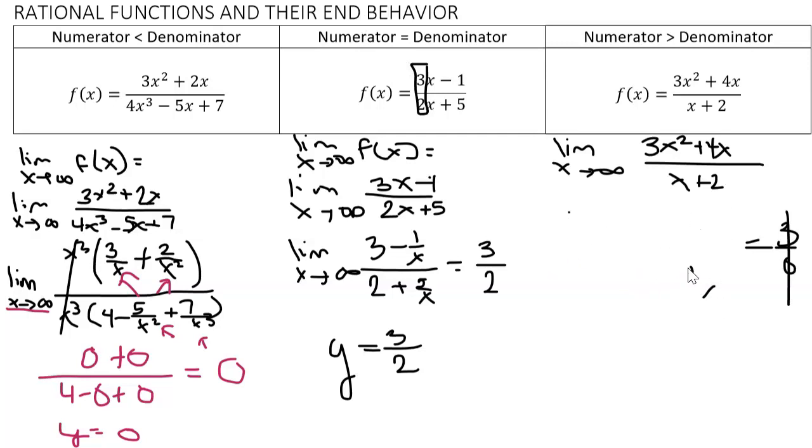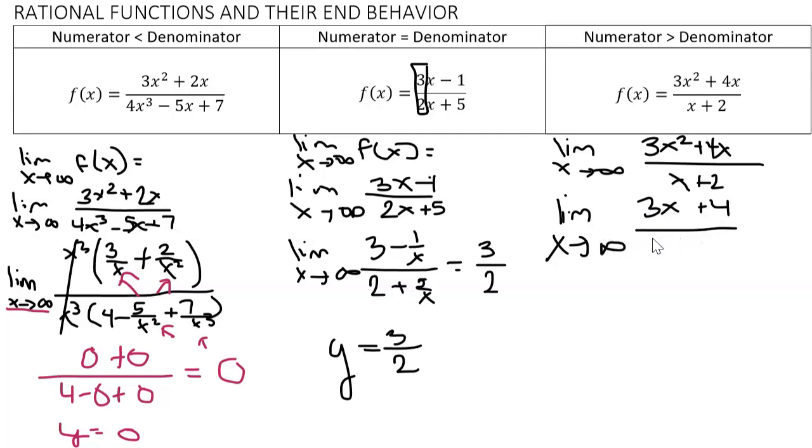Instead of taking out an x squared, we're just going to take out an x from each term. And so that's going to give us 3x plus 4 over 1 plus 2 over x. Now the denominator, the limit as x approaches infinity of the denominator is 1.